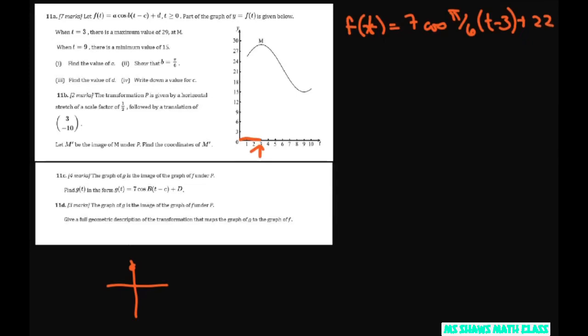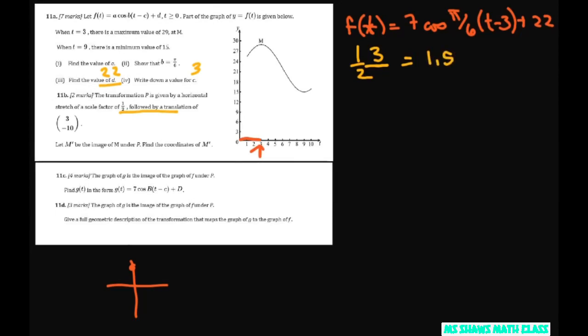So basically the value of d is 22 and the value of c is 3. Now for the transformation, we want to take our x. So our x is going to be, we take 3 divided by 1/2, or 3 times 1/2, so that gives you 1.5.